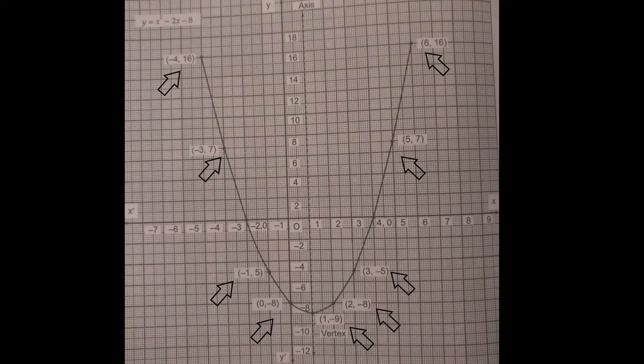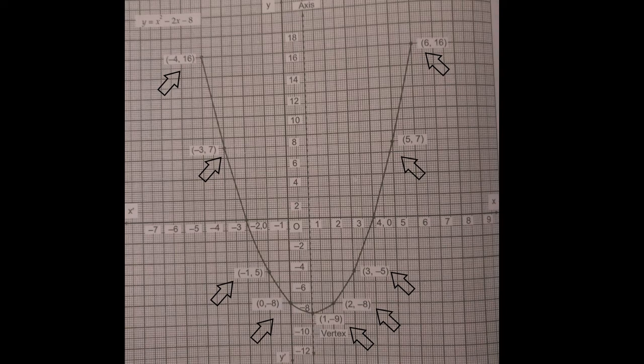So if we pass a vertical line through it such that it divides the parabola into two equal halves, you can see the vertical line which is passing through 1 and -9 divides the left and the right side of the parabola into two equal halves. So that intersection between the vertical line and the point on the parabola is called the vertex. And for this parabola, we have vertex 1 and -9.